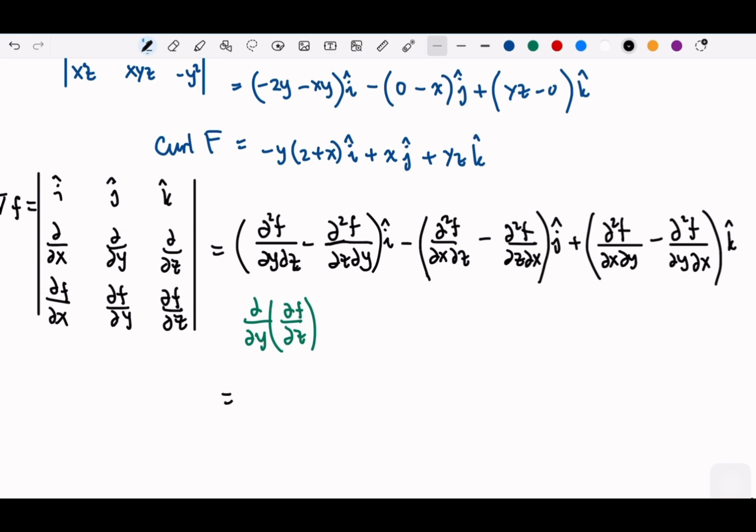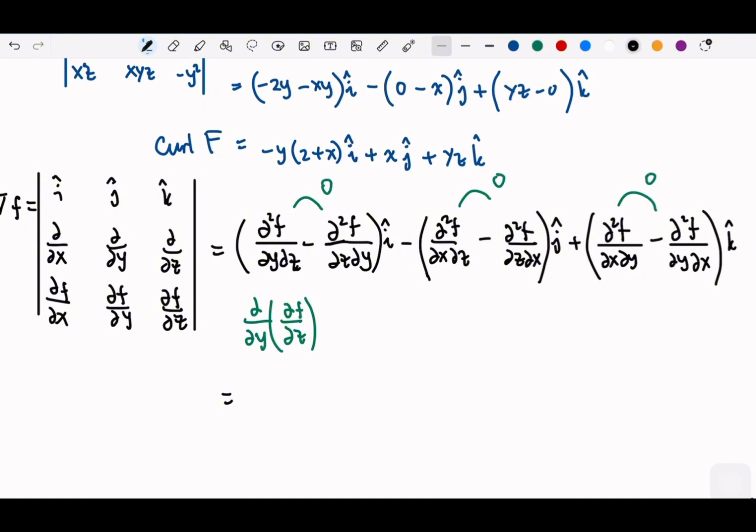Now if we look back to the definitions of the second partials, remember that in Calculus 2 we defined that no matter the order, the result will be the same, right? If we take the partial with x and then the partial with y, compared to the partial y and then partial x of the same function, both result in the same thing. So these two are the same, and all these terms will turn out to be 0.